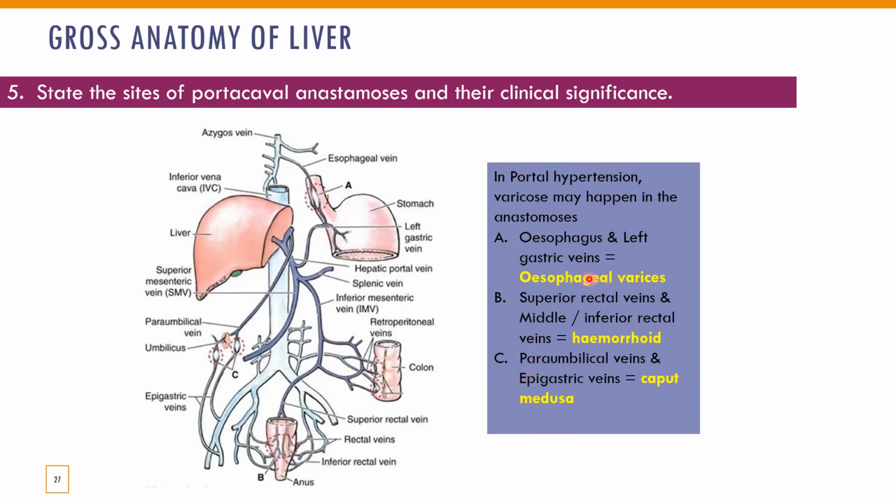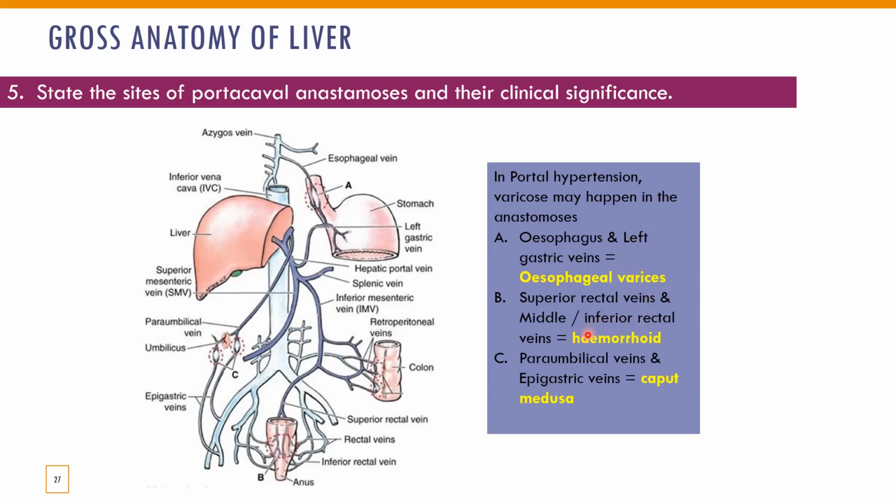One is esophageal varices, at the portal caval anastomosis between the esophagus and the left gastric vein. What happens if it ruptures? The patient might have hematemesis, or vomiting blood.